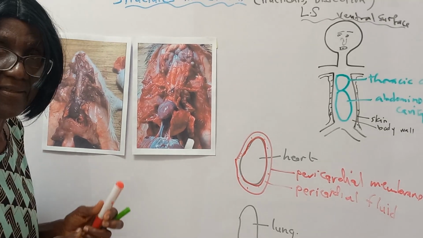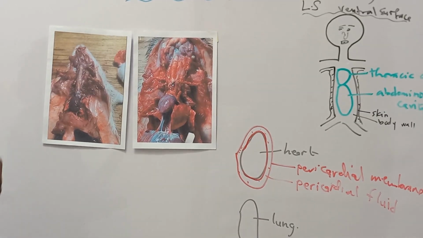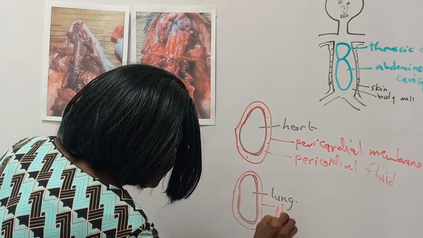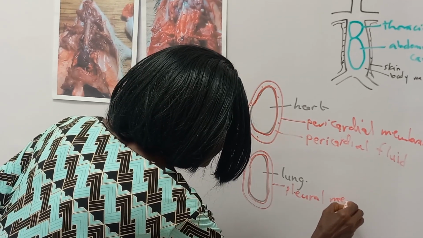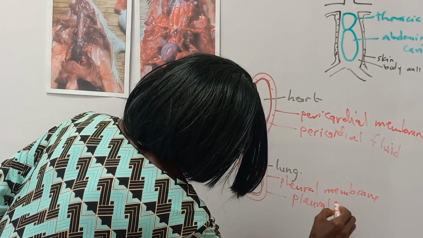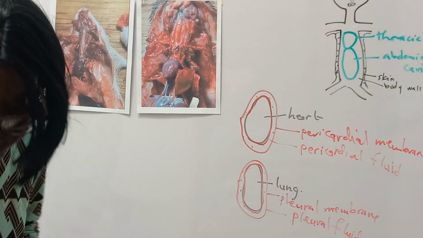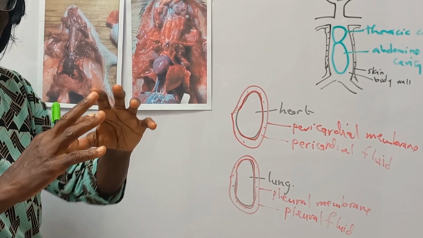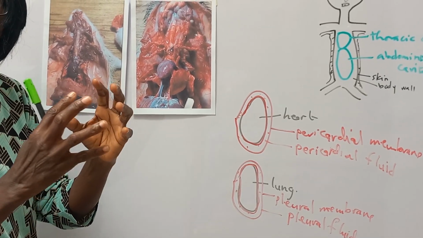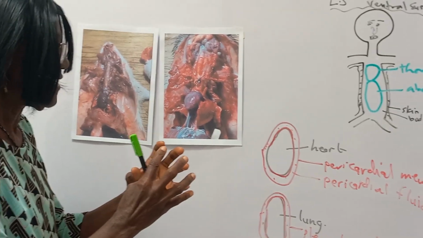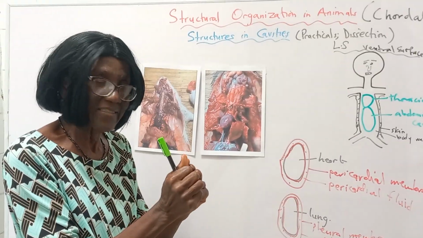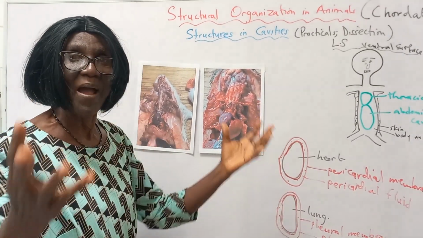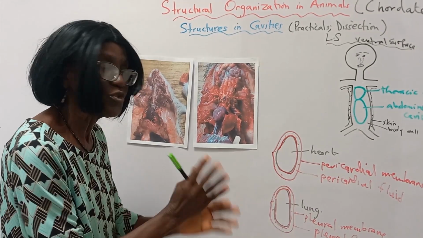Then the lungs also have a membrane around them. The membrane is the pleural membrane, which encloses a fluid, pleural fluid. The function of the pericardial fluid and the pleural fluid is to prevent friction as the heart contracts and relaxes, and as the lungs expand and relax.